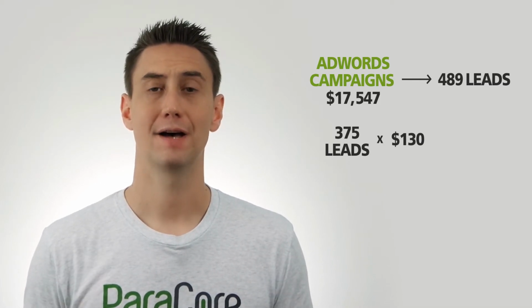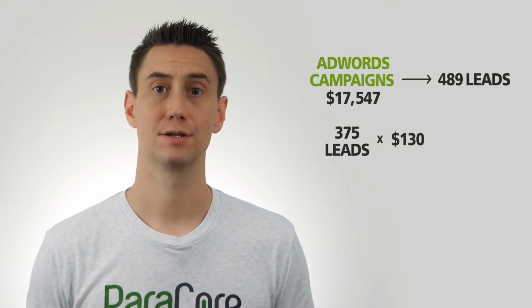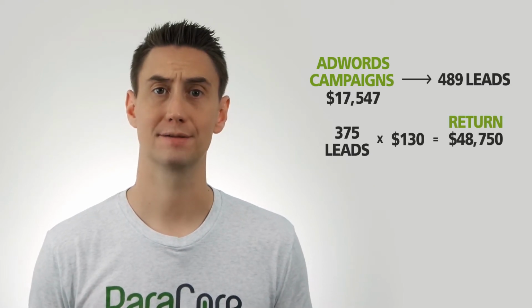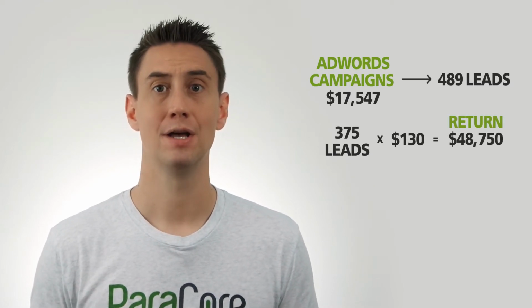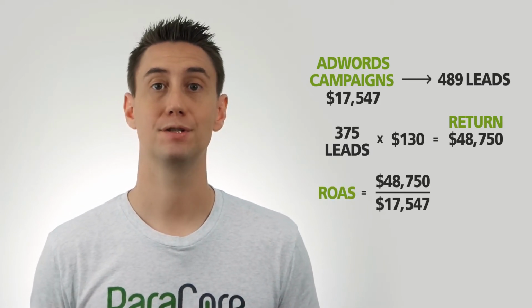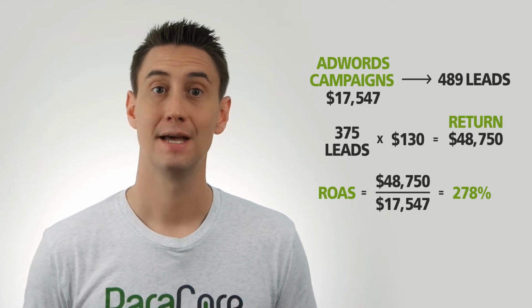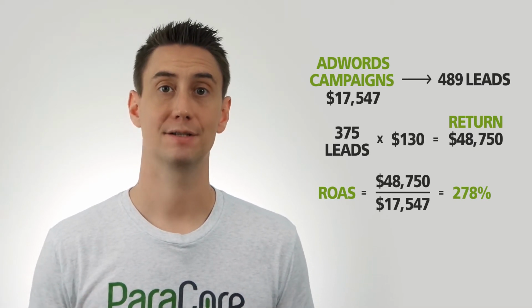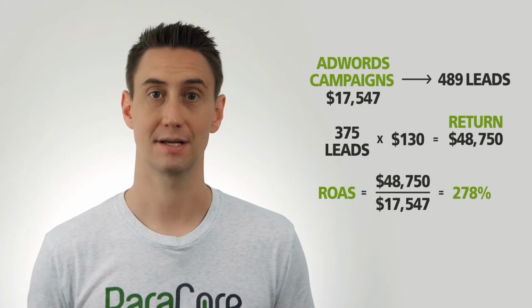Multiplying 375 by $130 shows a return of $48,750. You divide that return by your ad spend and get a return on ad spend of 278%. That means for every dollar spent on advertising, you made $2.78.